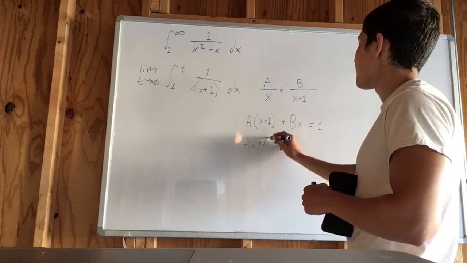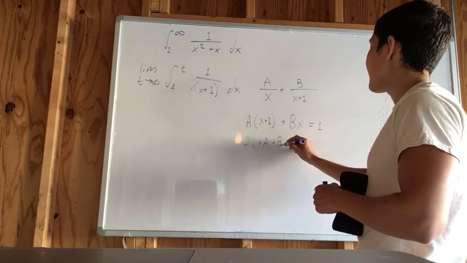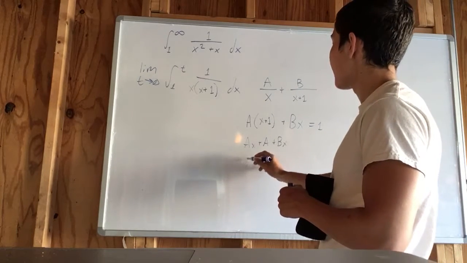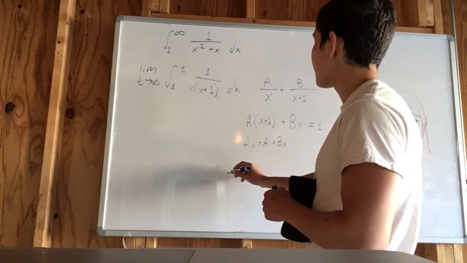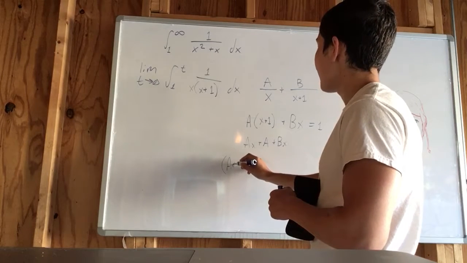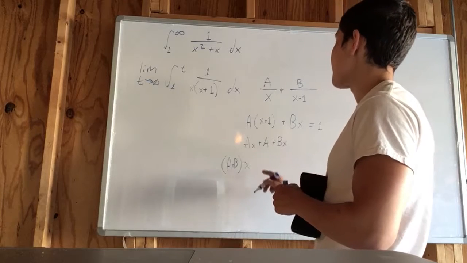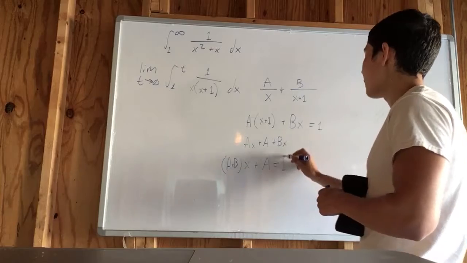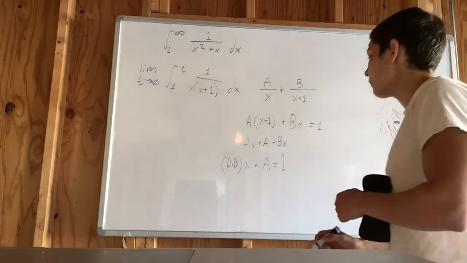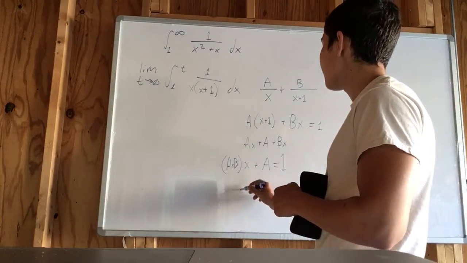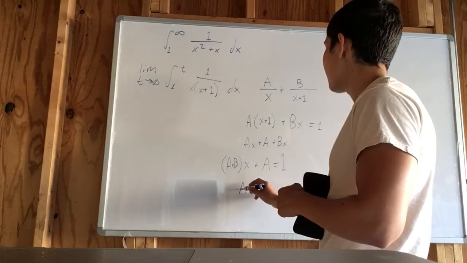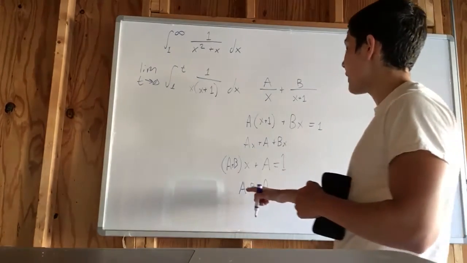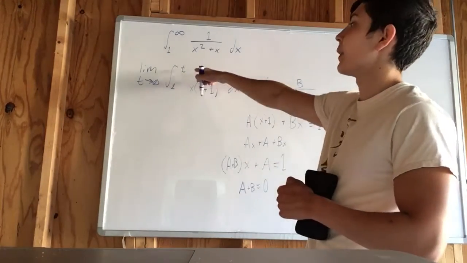ax plus a plus bx, which means we get the x over here, and that's a plus b. A plus b times x plus a equals 1. A plus b is going to equal 0 because we have no x over here.